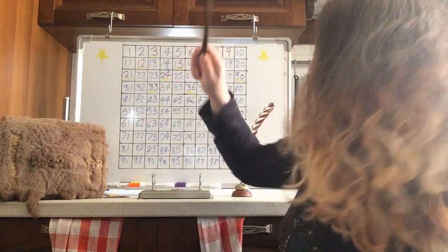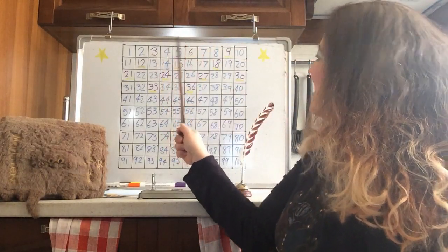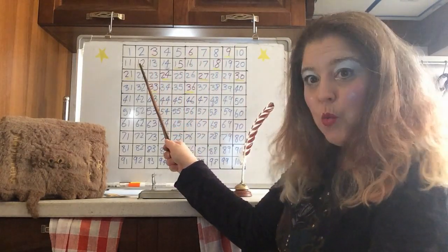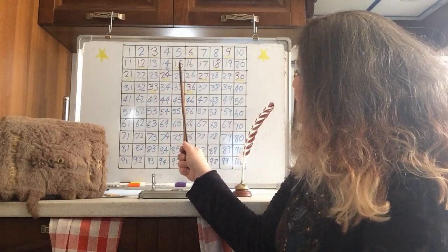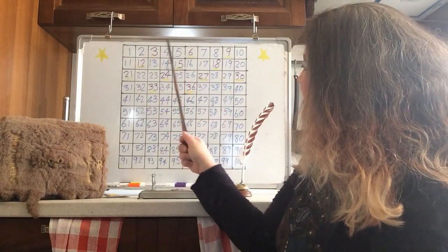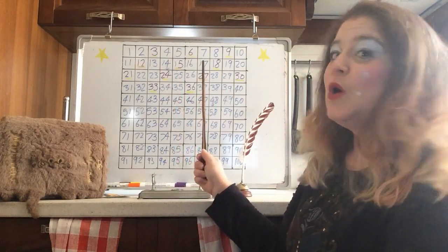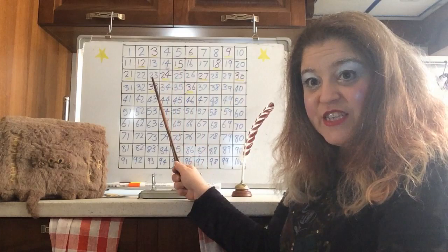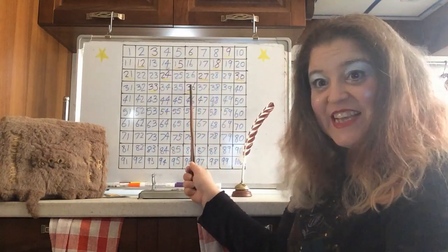Let's go. 3, 6, 9, 12, 15, 18, 21, 24, 27, 30, 33, 36. Very good. But that was just a little bit too easy, don't you think?